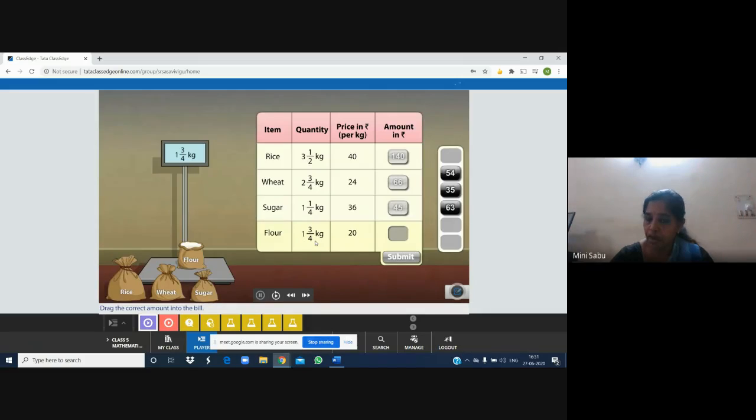So you will find out half also, 1/4 also, then we will add. If 1 kilogram is 20, half kilogram will be 10 rupees. 1/4 kilogram will be again half of 10, 5 rupees. That means we have to add 20 plus 10 plus 5.